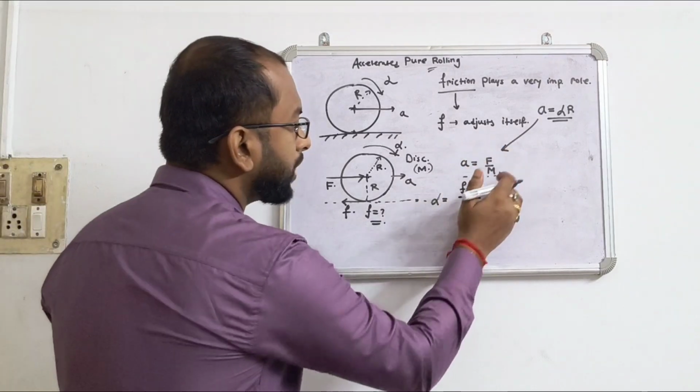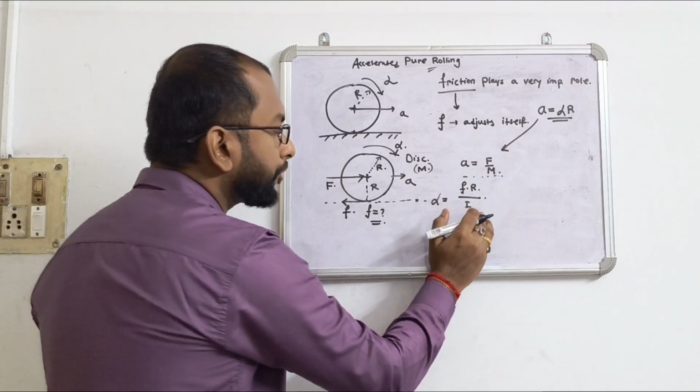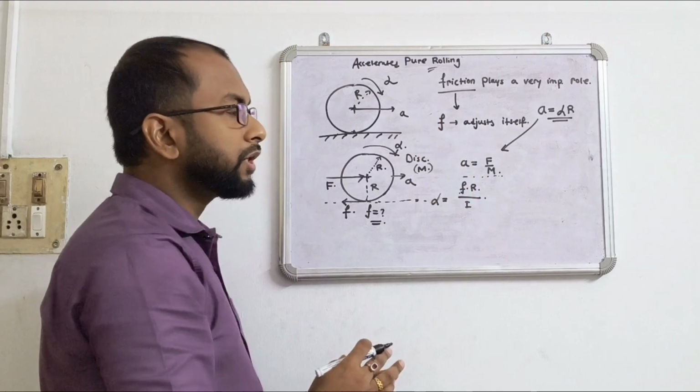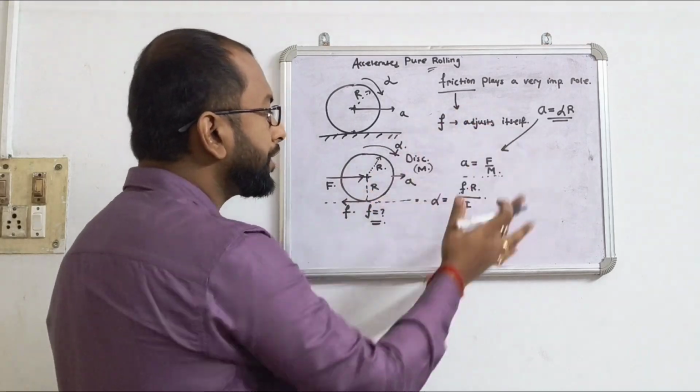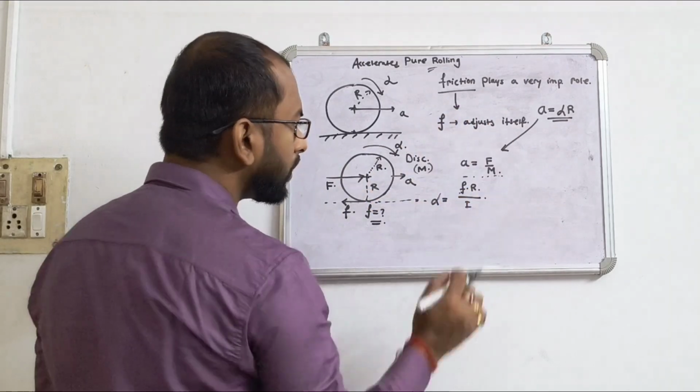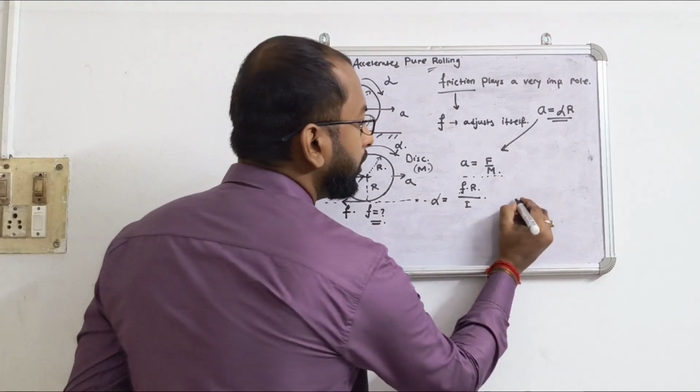Now there is a chance that both will get balanced at some point, or there should be some value of friction force so that it is having pure rolling motion. Then we can calculate. So what is the value of I here?